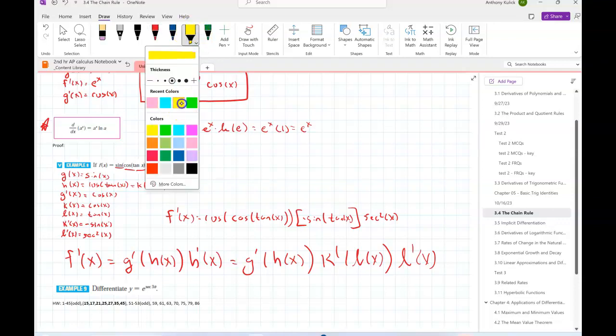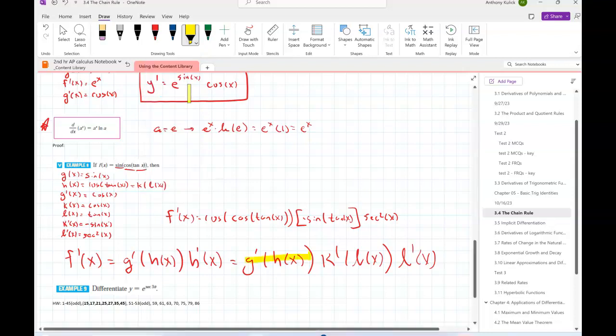Which is what that boils down to, where that is our g prime of h, that is our k prime of L, and that is our L prime.